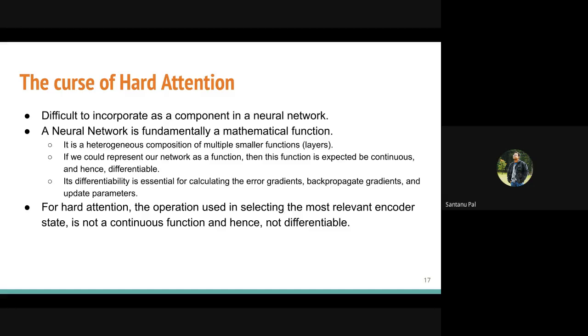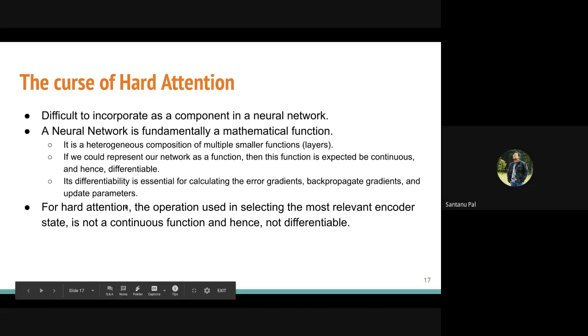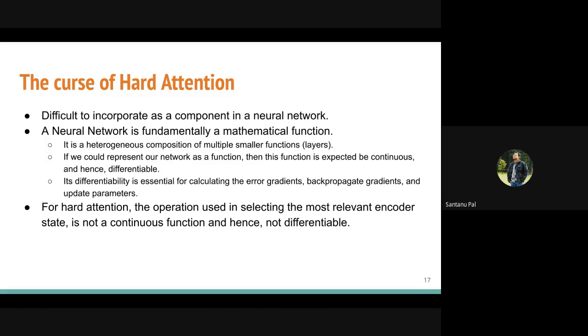Layer-wise, it will calculate all the functions, and if you represent this network as a function, then the function is expected to be continuous and must be differentiable, so that you can backpropagate and the weight gradient values can be adjusted or fine-tuned during your training process.